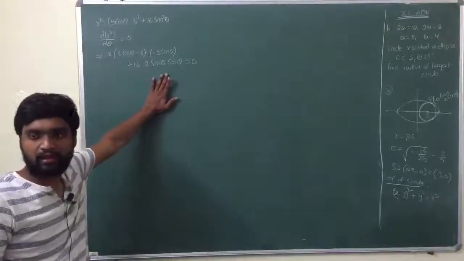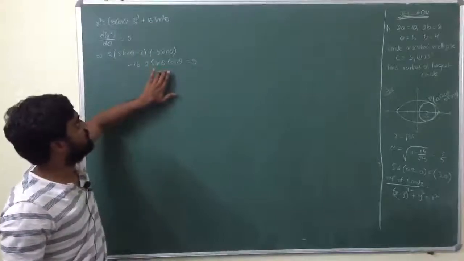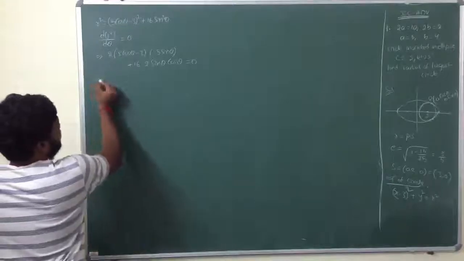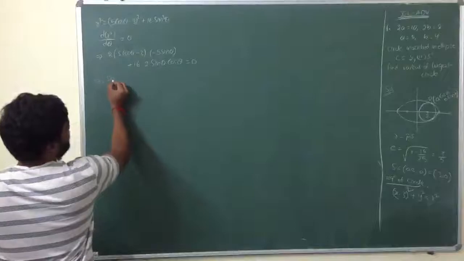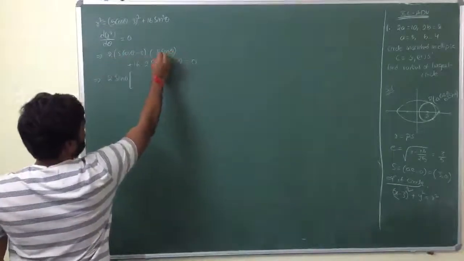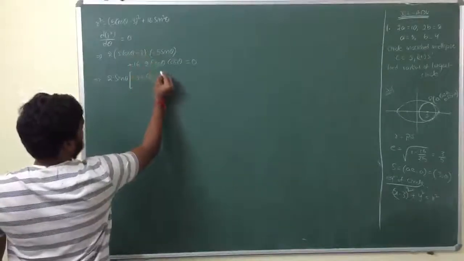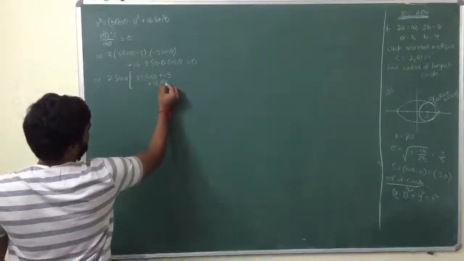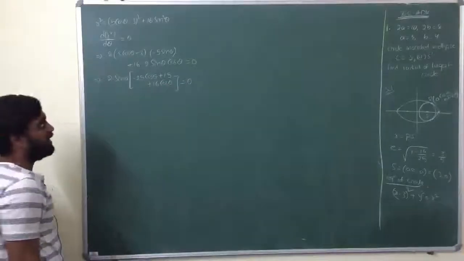Okay, Rajesh? Any doubt in this? 16 into 2 sin theta, differentiation, chain rule. Now, taking 2 sin theta common, here we will be getting minus 25 cos theta, minus 5 into minus 3 plus 15, and here 16 cos theta will remain, is equal to 0.